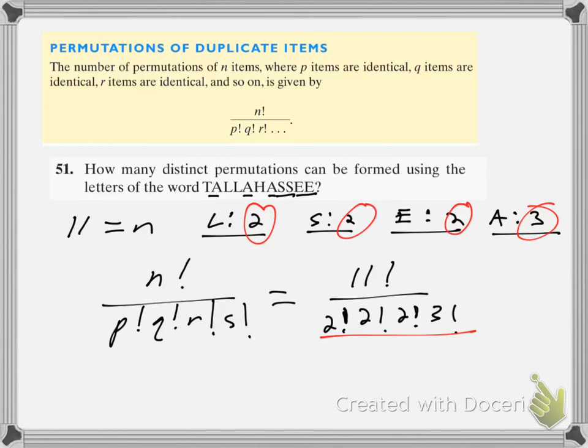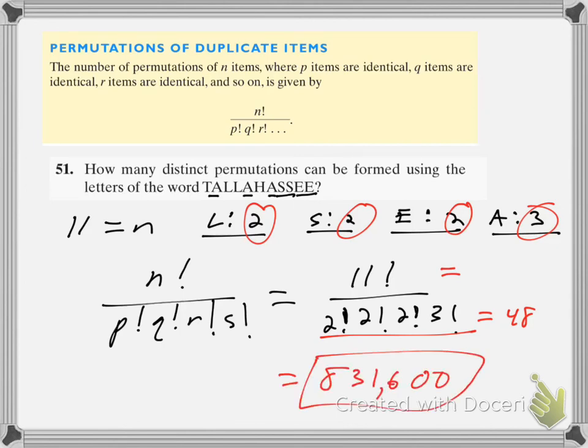My bottom is 48, and my top is 11 factorial. So I'm just going to do 11 factorial right now. 11, then use the math button to get your factorial on. And I'm going to divide that by 48. And I get 831,600. That's all the different ways.